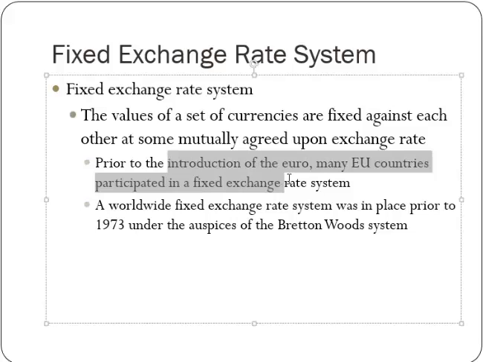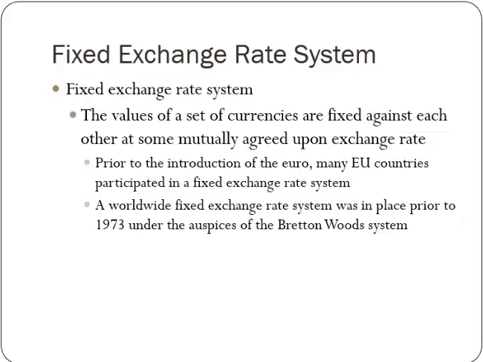For example, prior to the introduction of the euro, many European countries had a fixed rate system, so that, for example, the French franc and the German mark should not go up and down against each other. In other words, if you're not going to use the same currency, but you want to make sure that businesses have a very easy time dealing with each other's countries, you can have a fixed rate system.